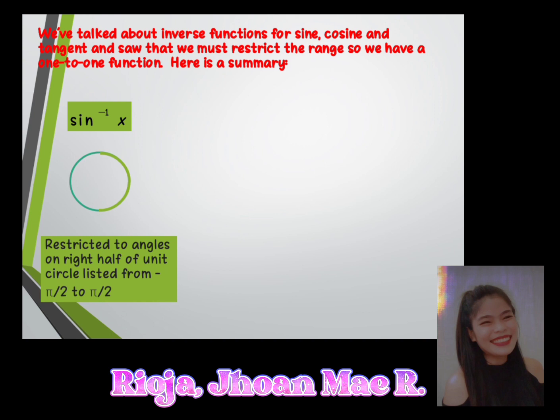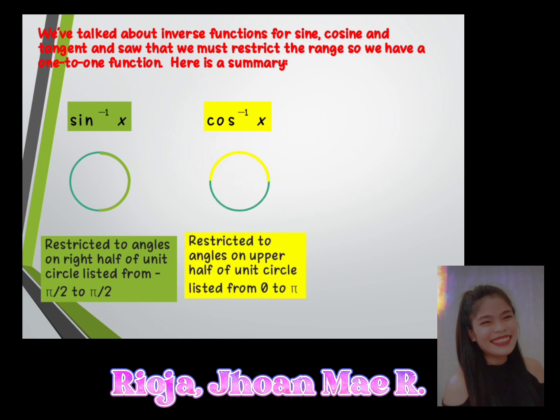Sine inverse x is restricted to angles on the right half of the unit circle, from negative pi over 2 to pi over 2. Cosine inverse x is restricted to angles on the upper half of the unit circle, from 0 to pi.